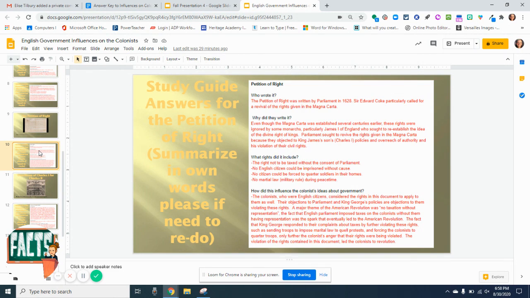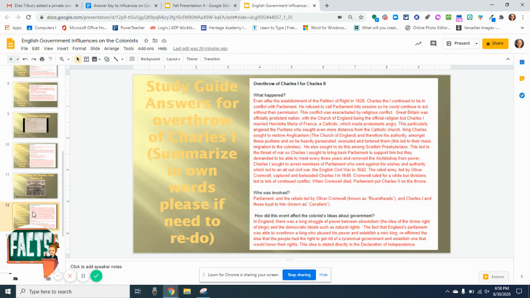And there's also the Puritans who thought that even though it's a Protestant nation, it was still too Catholic. And so there's all of this conflict going on in the nation that exacerbated this conflict between Charles I and Parliament.